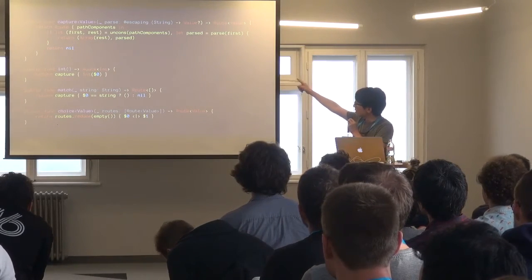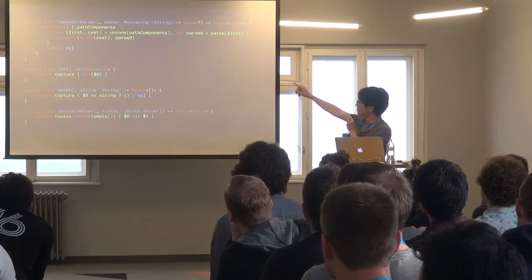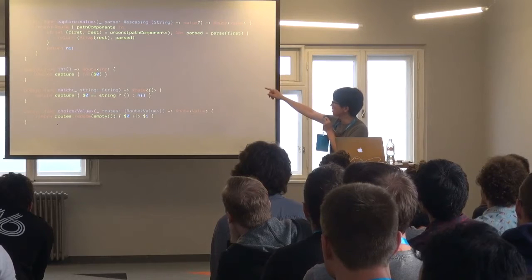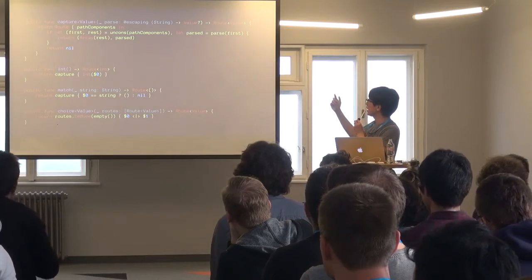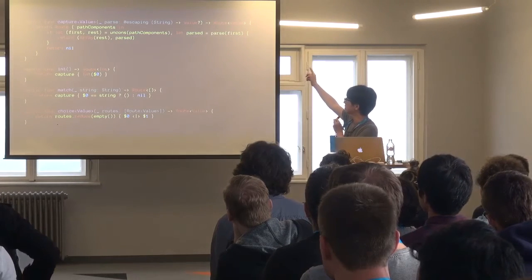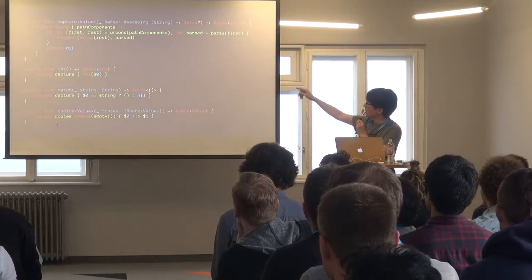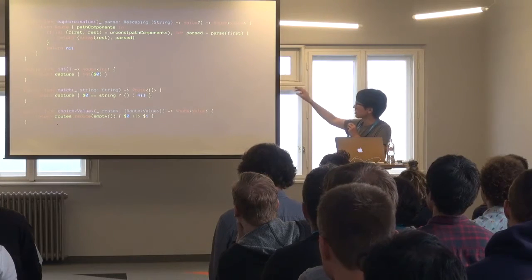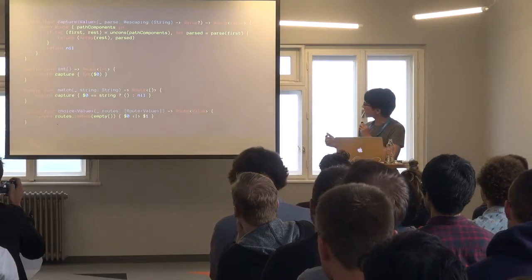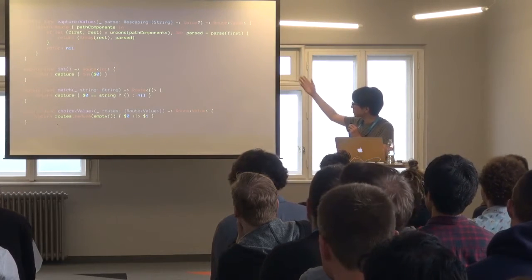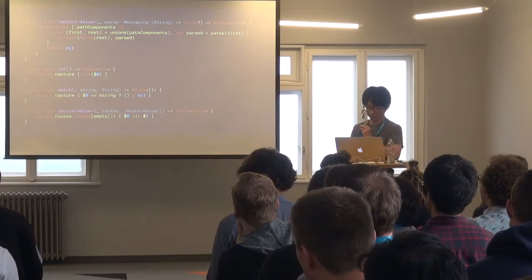Inside the implementation, you first decompose the path components using the function called uncons, and you get the first and the rest of the path components. You apply the parsing function to the first path component, and you get the parsed value. If everything succeeds, you return the rest of the path components and the parsed value. And if this process fails, you just return nil. That means parsing failed.